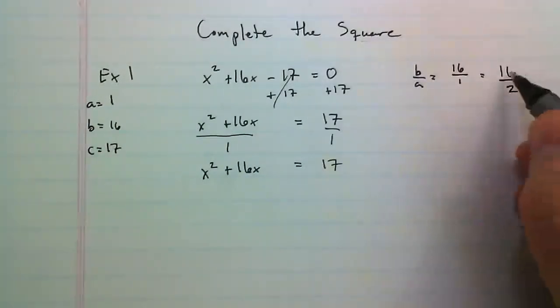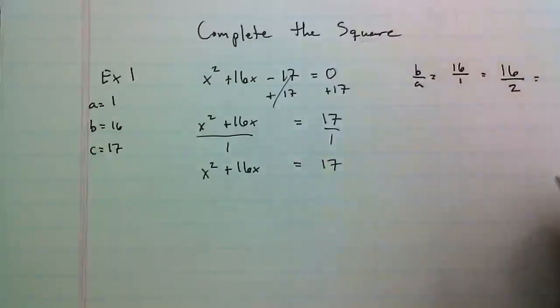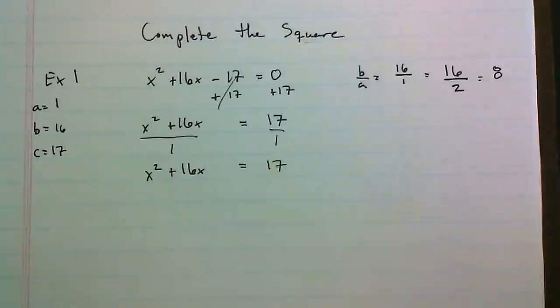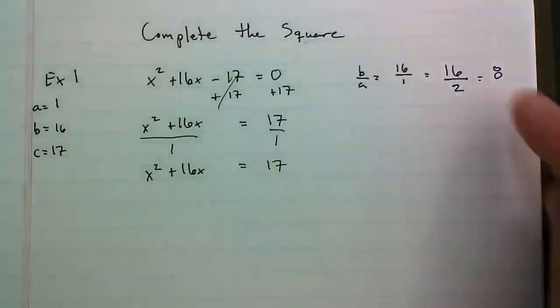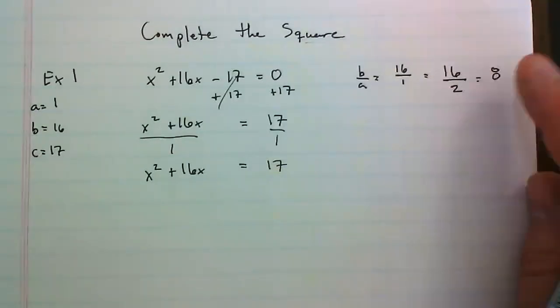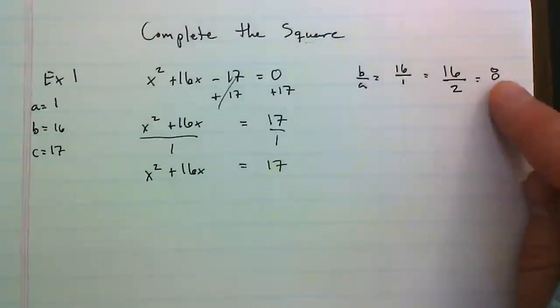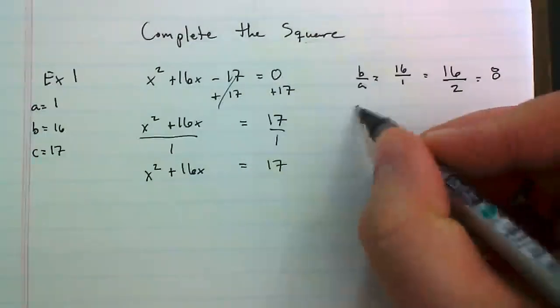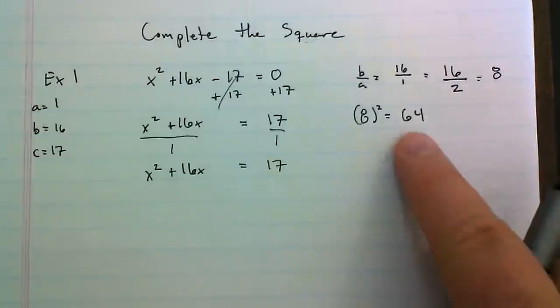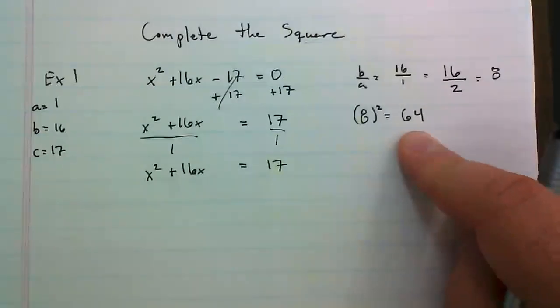So for step 4, we have to take half of B divided by A. B divided by A is equal to 16 divided by 1, so that's just 16. And they want us to take half of the 16. So this is where it begins to get complicated. 16 divided by 2 is 8.